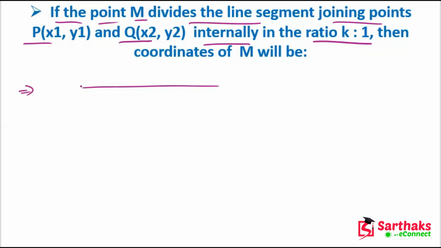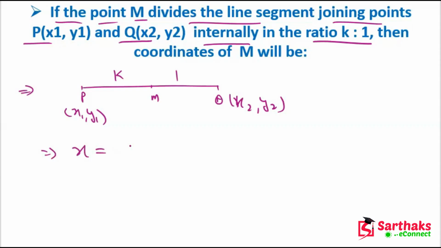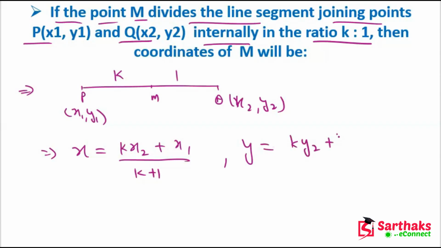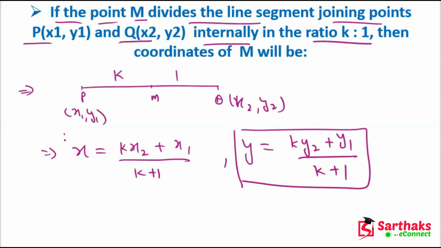Let's suppose we have point P(x1, y1) and point Q(x2, y2), and point M is here and it cuts this line in the ratio k:1. So x = (k x2 + x1) divided by (k + 1), and y = (k y2 + y1) divided by (k + 1). So this is the internal formula.